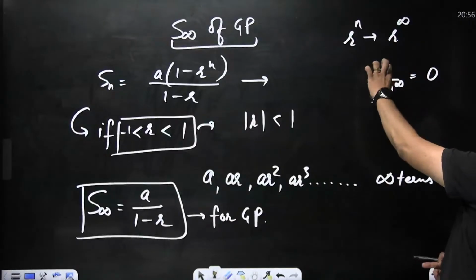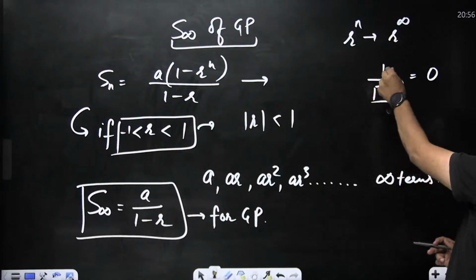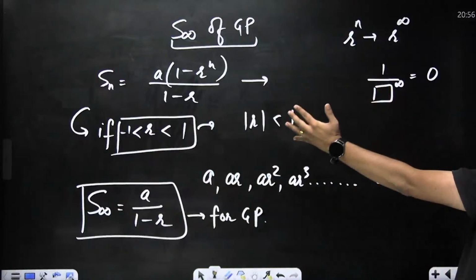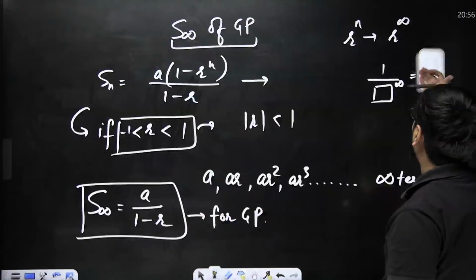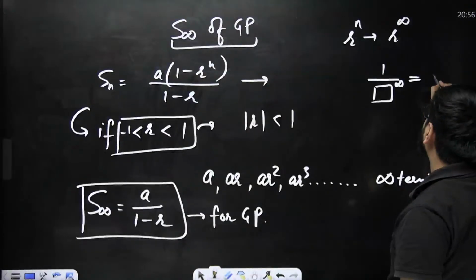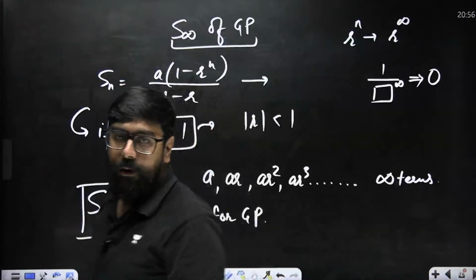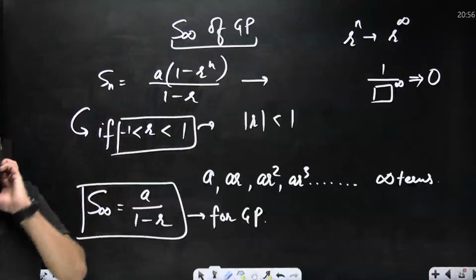Now if your r is 1 divided by something, this to the power infinity will be 1 divided by something very big, which will approximately be equal to 0, tending to 0. Now understood?